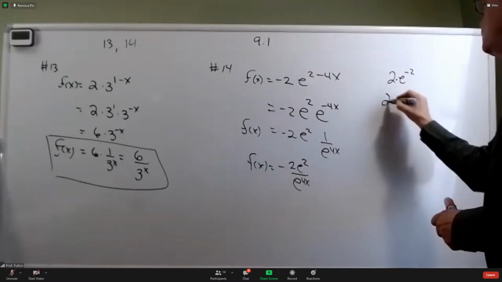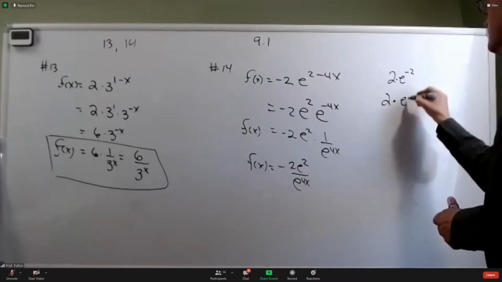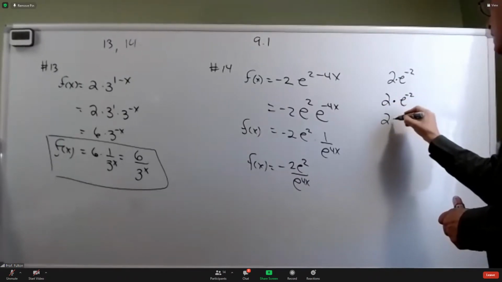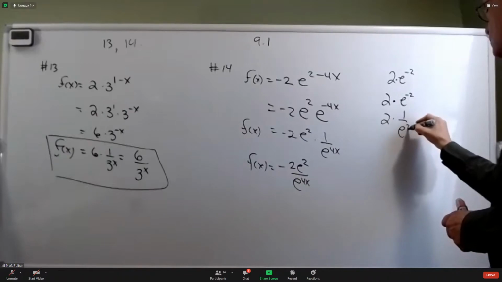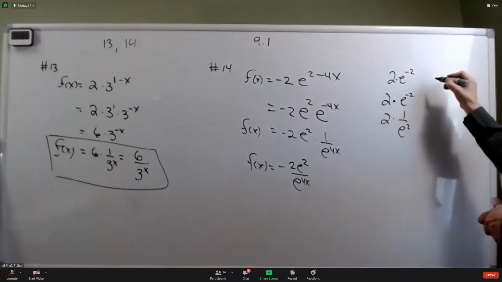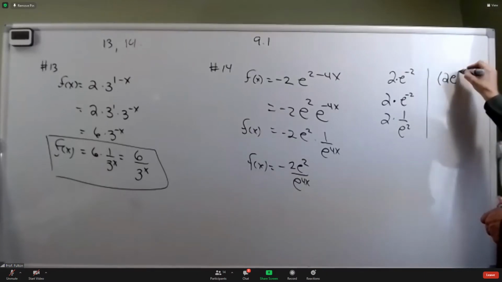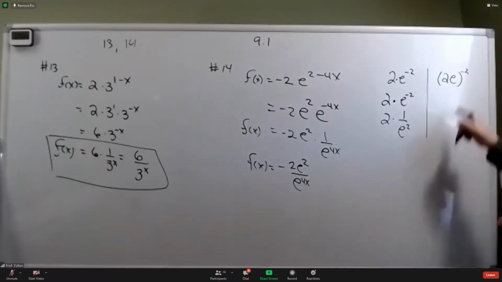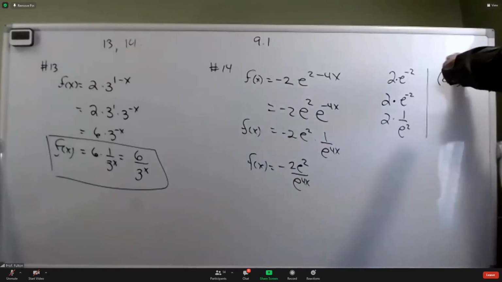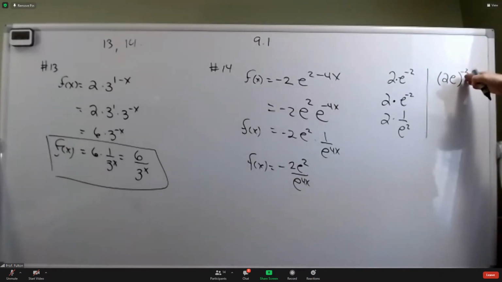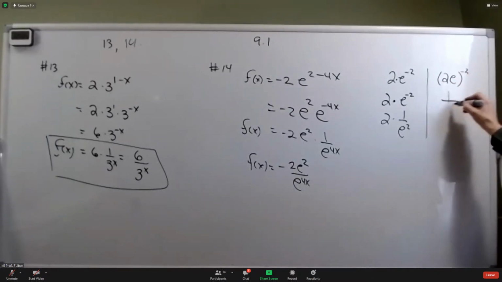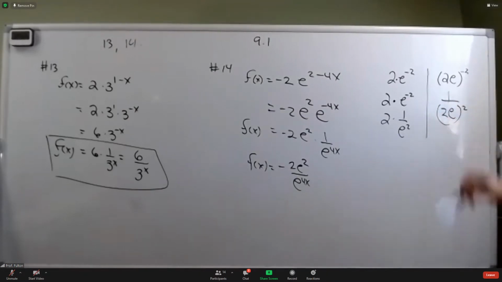This is 2 times e to the negative 2, which is 2 times 1 over e to the 2, as opposed to this. Say in essence, I had 2e to the negative 2. Well, that means both the 2 and the e are tied to that exponent, so that becomes 1 over 2e to the positive 2.